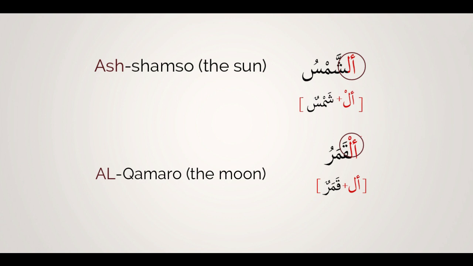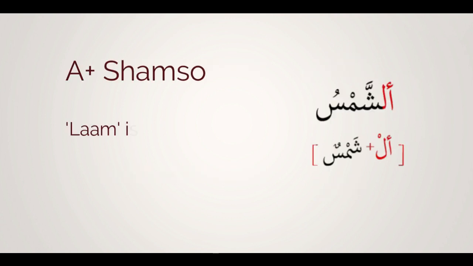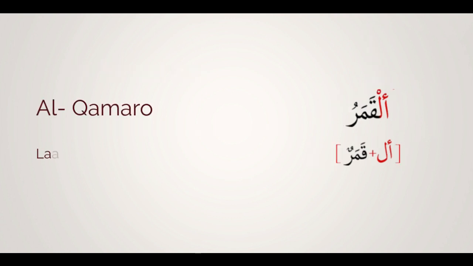For example, in ash-shamsu, we directly connect the hamza with the sheen, ash-shamsu, and we leave out the lam. And in the other noun we do pronounce the lam. We say al-qamaru, al-qamaru. Now the reason why we pronounce the lam in the first noun and we do not pronounce it in the second noun is this.